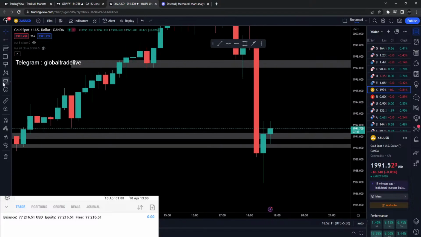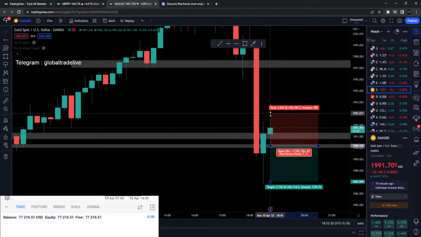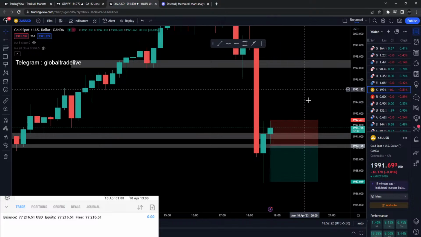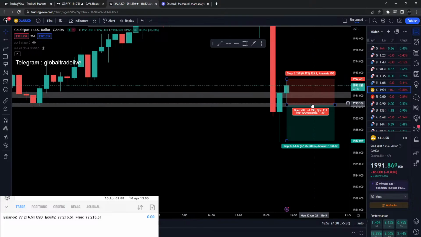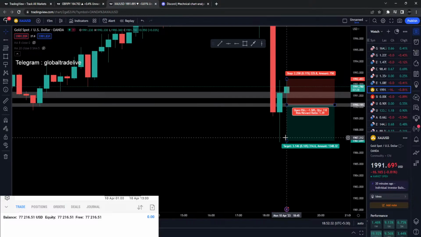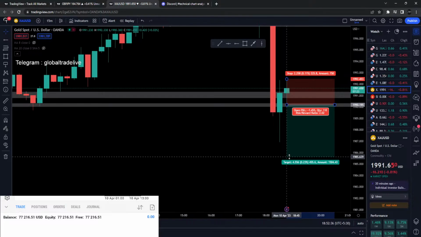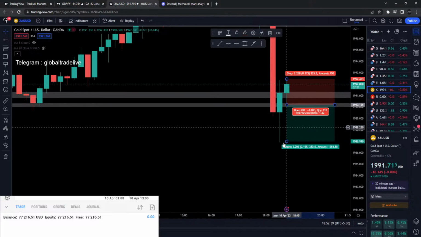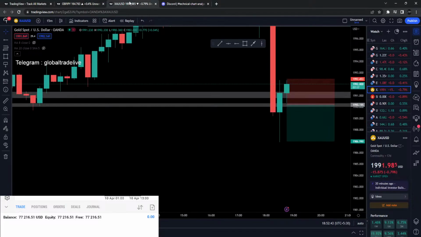So I think, yeah, I might try to take another one over here by keeping stops above this candle's high, but we'll keep the lot size the same, like 0.5 only. So I will be targeting first this wick fill over here. So let's see if I get this trade or not.